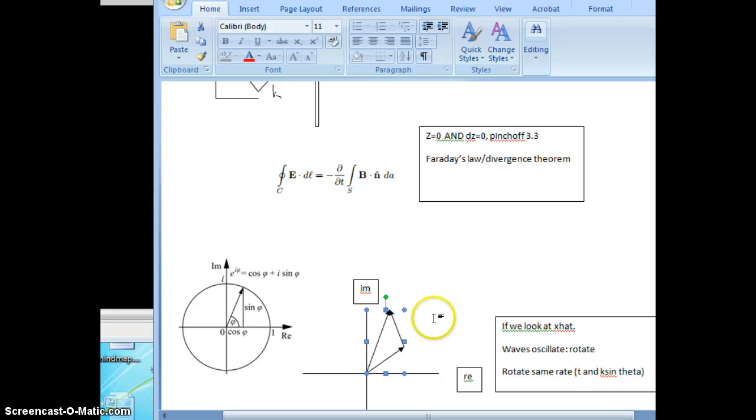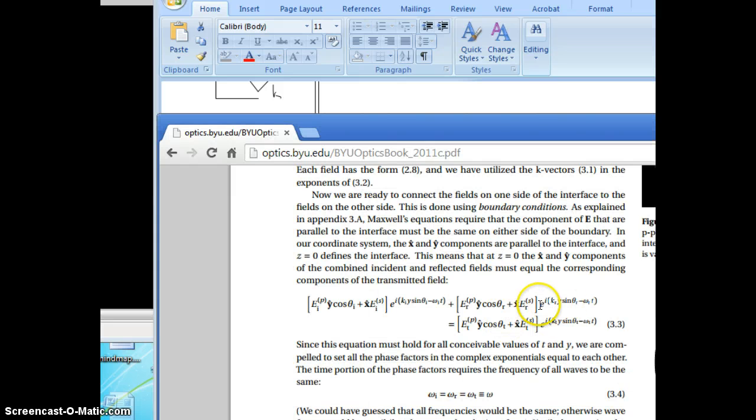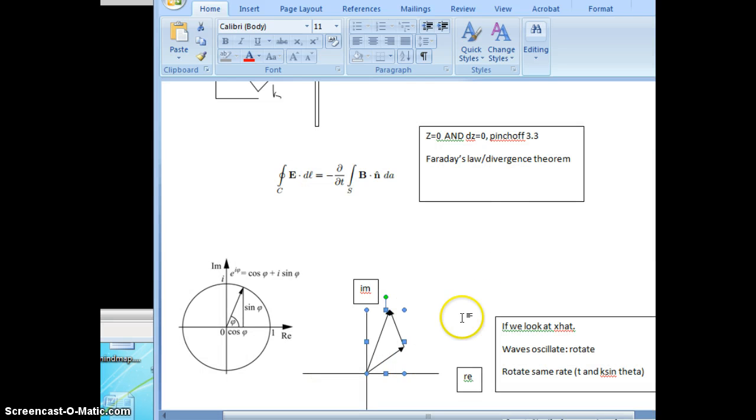That's not true. Electric field is the same at the same z. That was really important to my understanding of this. Instead, what's happening is that at a certain time, if we turn time on, that would make this thing go clockwise.